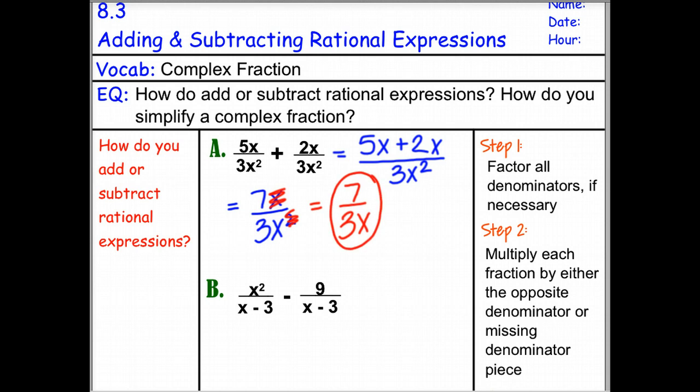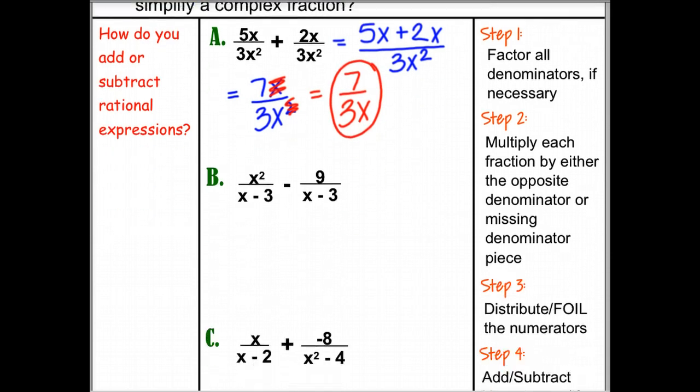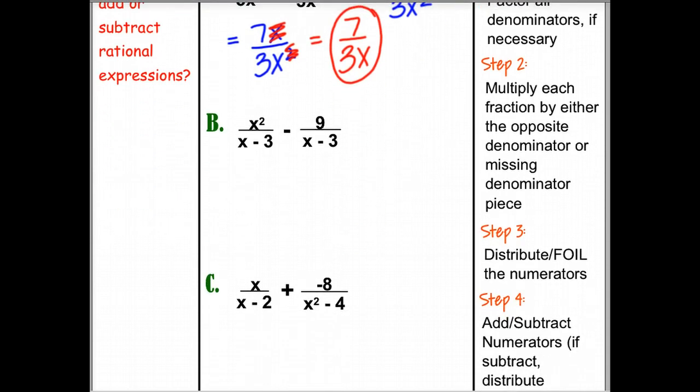Now if we look at one that has a binomial to it, I already have common denominators and they're already factored. This one is subtraction this time. So I'm going to say this is x squared minus 9 over x minus 3. Well, I see that I can factor x squared minus 9.